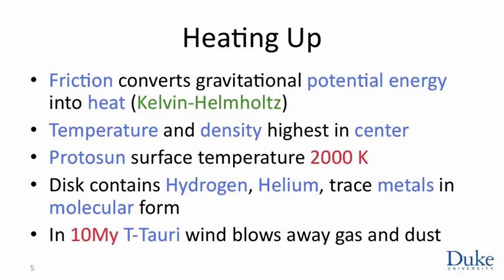What we've seen is that the fact that temperature and density depend on distance out in the nebula will mean that the form in which various materials or constituents of the nebula are likely to be found will change. Closer to the center, we only find gases. As you move farther and farther out, more and more of the materials are going to be solids. And we saw that in the center, we're forming this protosun.